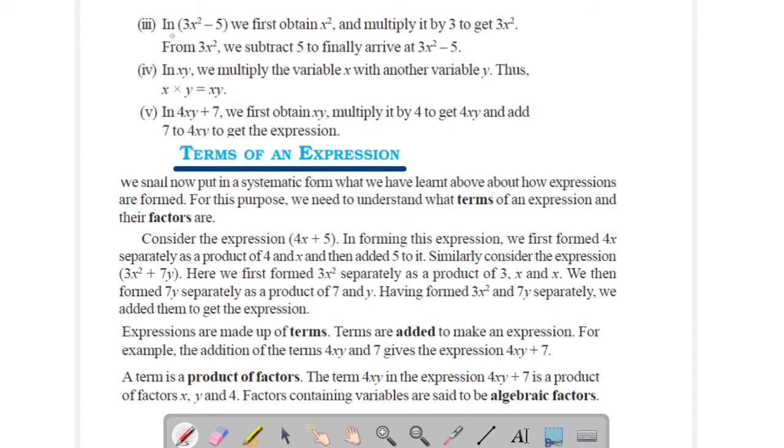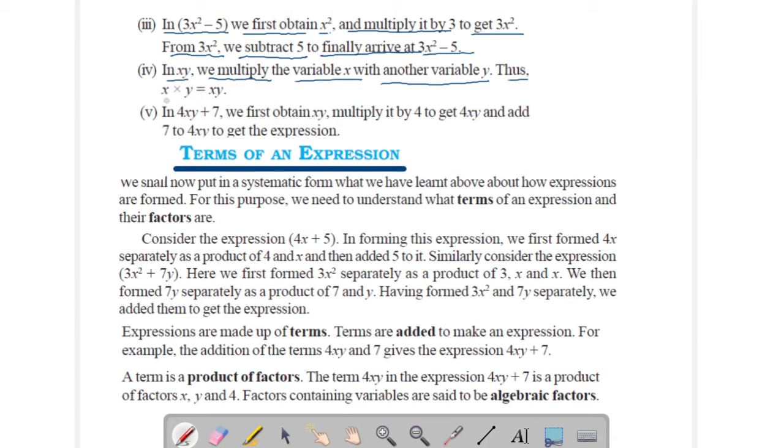Now third, in 3x square minus 5, we first obtain x square and multiply it by 3 to get 3x square. From 3x square, we subtract 5 to finally arrive at 3x square minus 5. Now fourth, in xy, we multiply the variable x with another variable y.